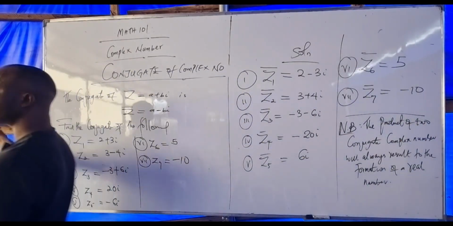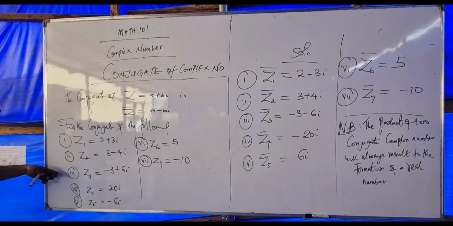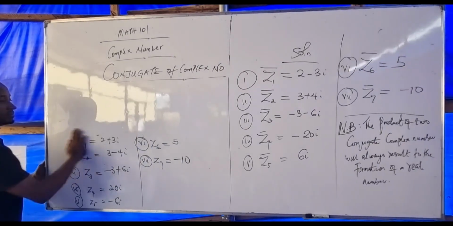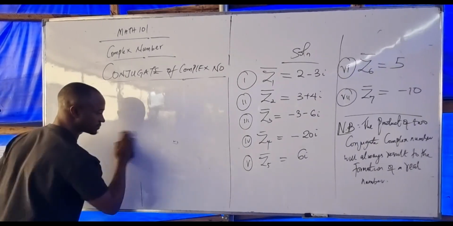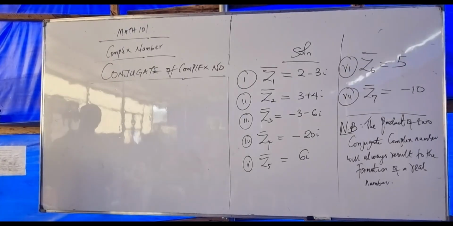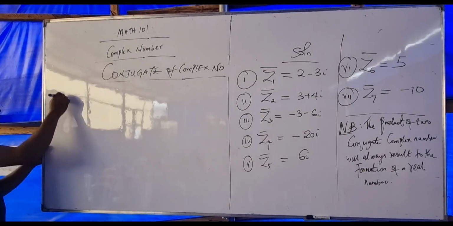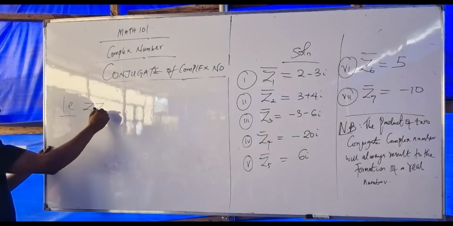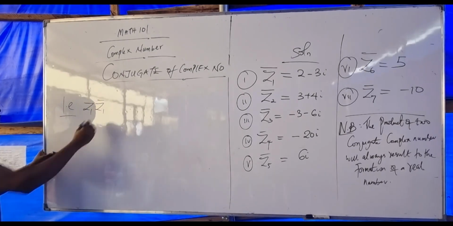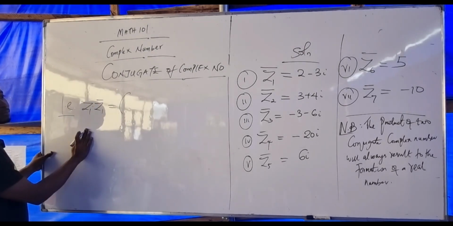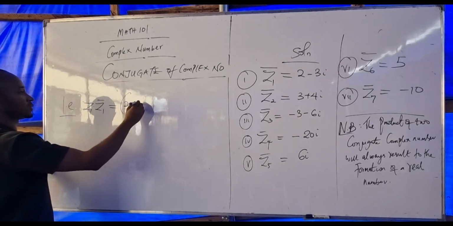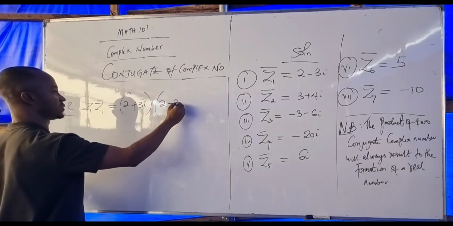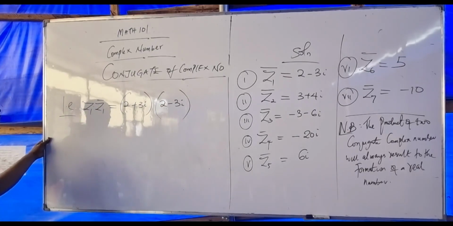Z1 times Z1 conjugate should give us what? What is Z1? 2 plus 3i. What is Z1 conjugate? 2 minus 3i. Let's look at this test.